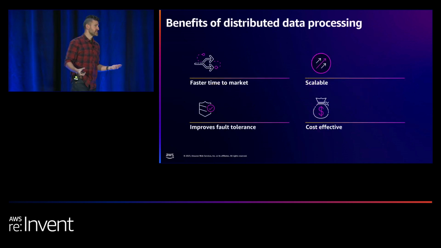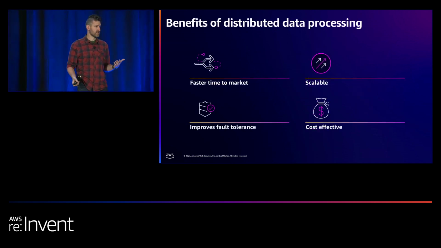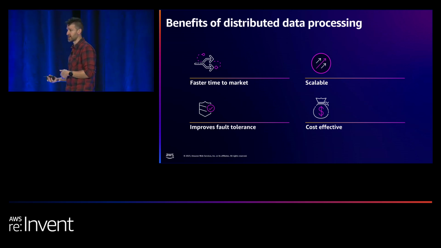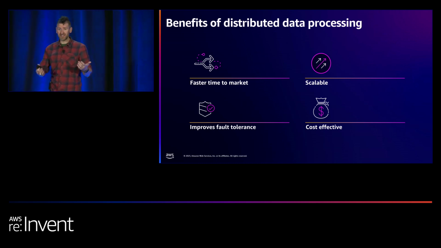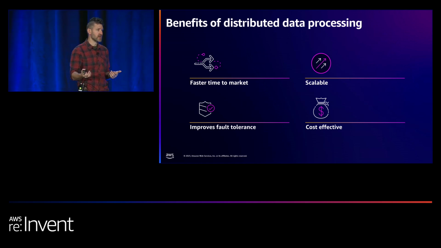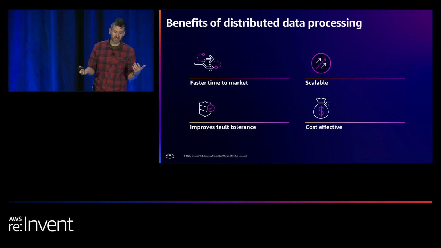There's a lot of benefits to distributed processing like this. It allows you to complete that processing in a faster time, giving you quicker time to market. If you do it well, it's scalable. So if you go from 50,000 invoices that you need to process to 500,000, you should be able to scale those processes fairly easily.